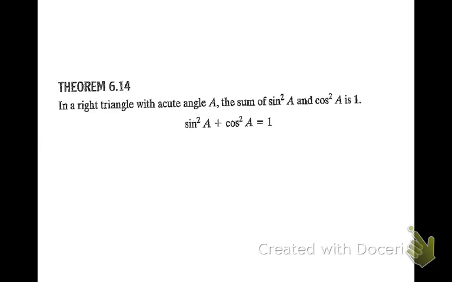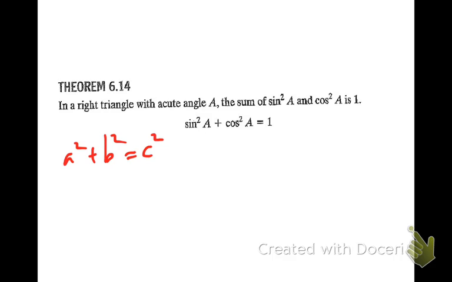I know to use the Pythagorean theorem because they've got sine squared A plus cosine squared A equals 1. 1 is a perfect square, so that resembles the Pythagorean theorem. You just know from experience to use it because it has kind of the same format. So in that triangle we've got A squared plus B squared equals C squared.